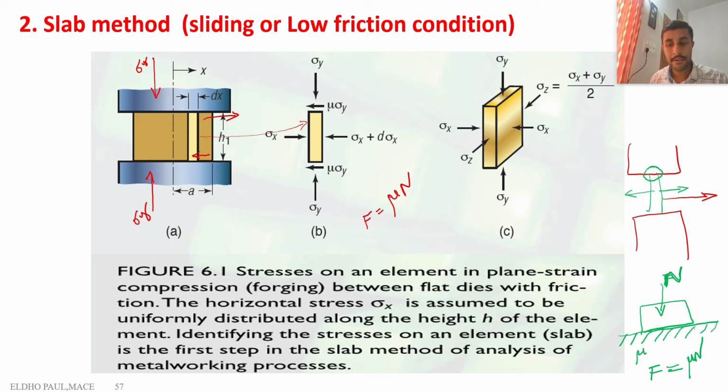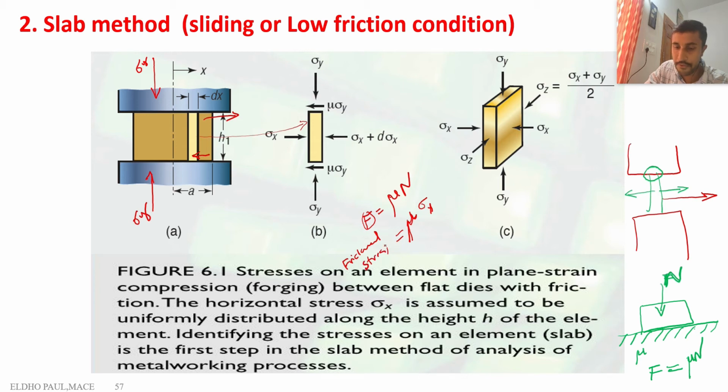Then what is the value of the friction force? Instead of N, we can supply mu sigma y. Actually, this is not a frictional force, it is a frictional stress.